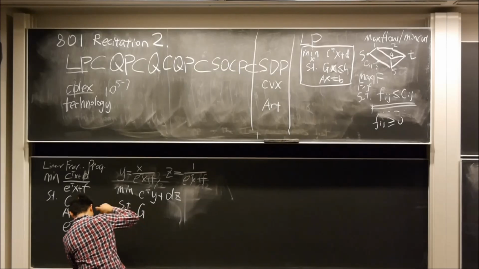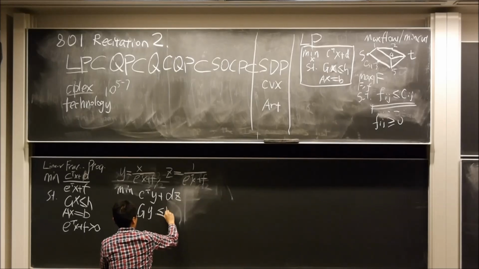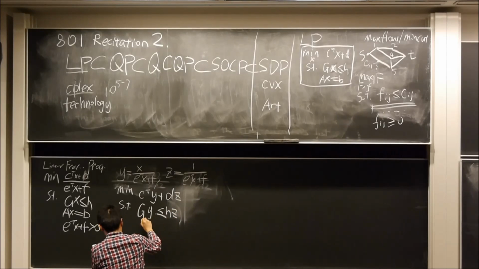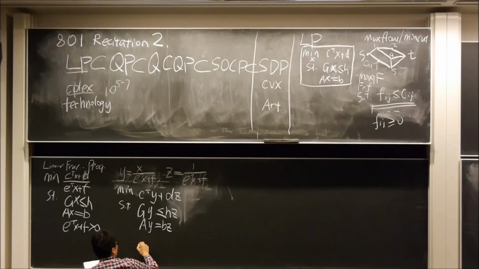g y smaller than hz, and yeah, these are just constraints here, and we make this equal to 1.